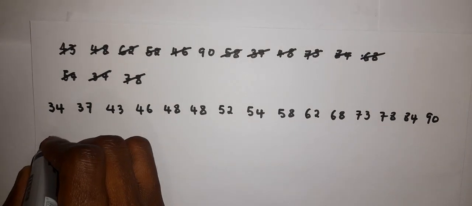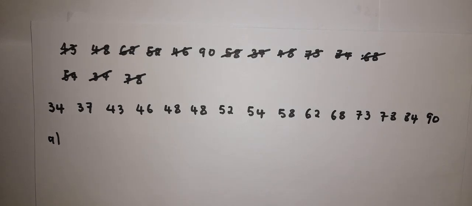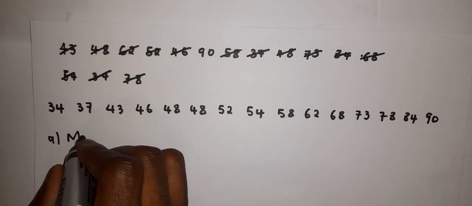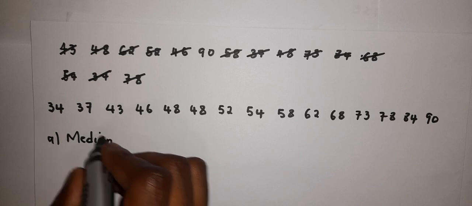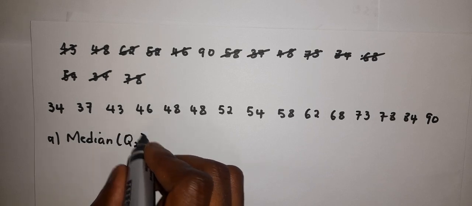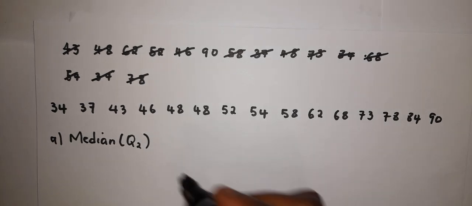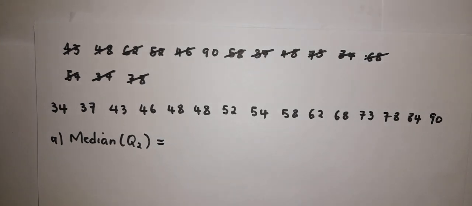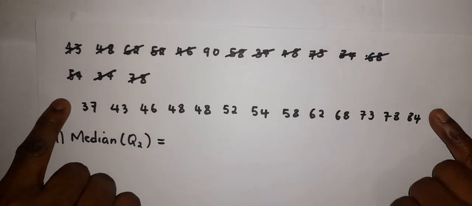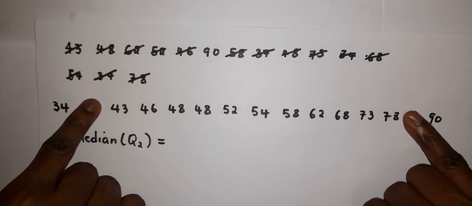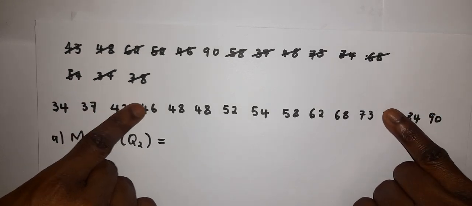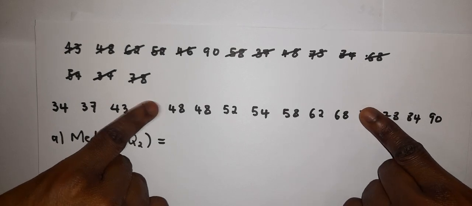Then the first question: calculate the median of the number of laptops sold. Again, median is referring to Q2, which is quartile number 2. So for Q2, let's check. Close, close, close, close, close, close. This can only happen if your data is arranged.